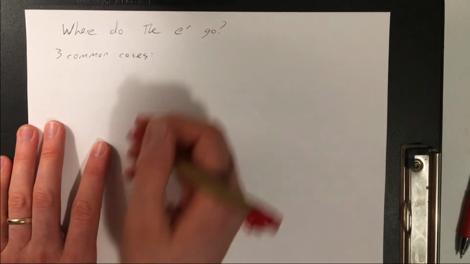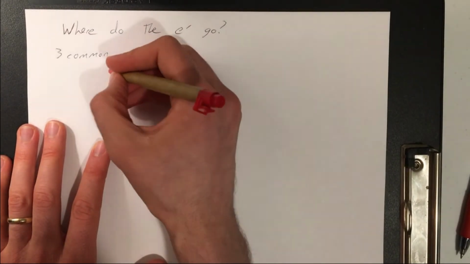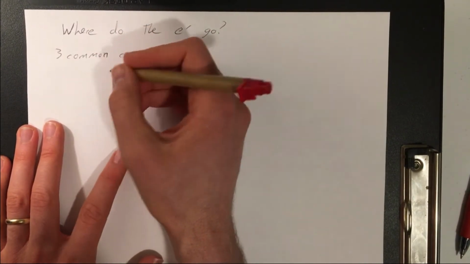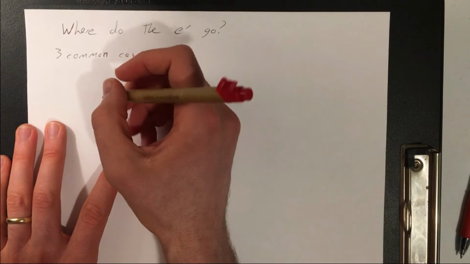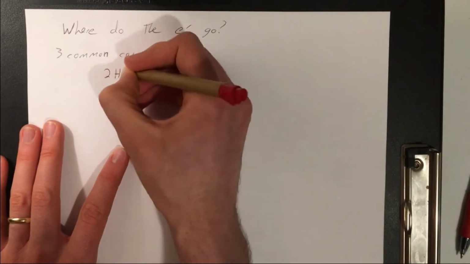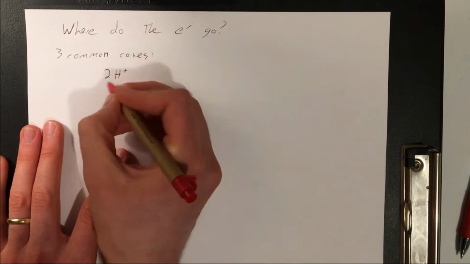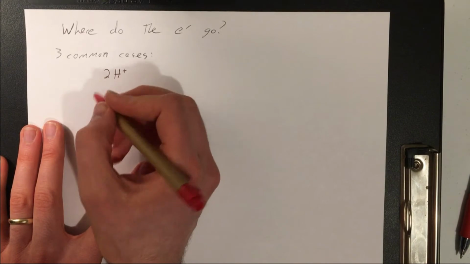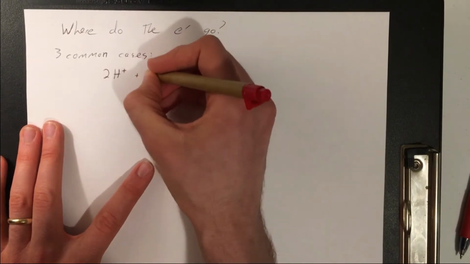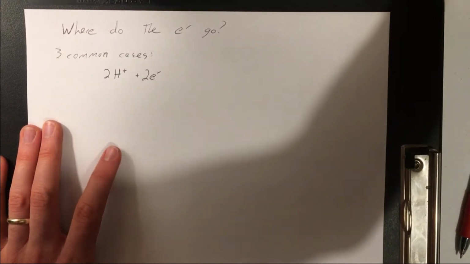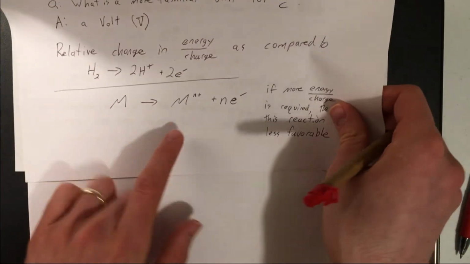The first is just some hydrogen ions in solution gobbling up those electrons and becoming hydrogen gas. This would be a case where maybe we have some sort of acidic solution, and there are some of these electrons that were produced by this metal becoming an ion.